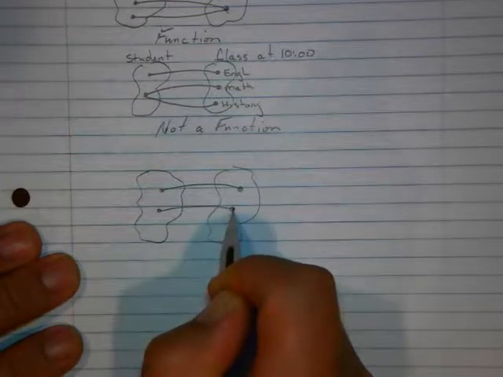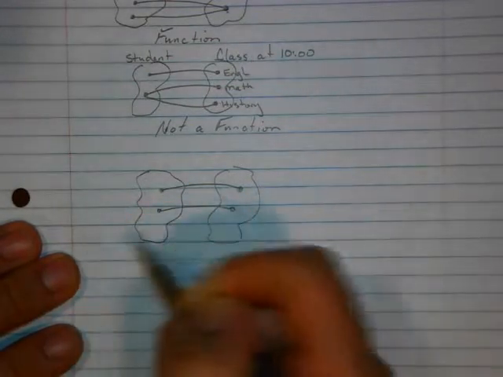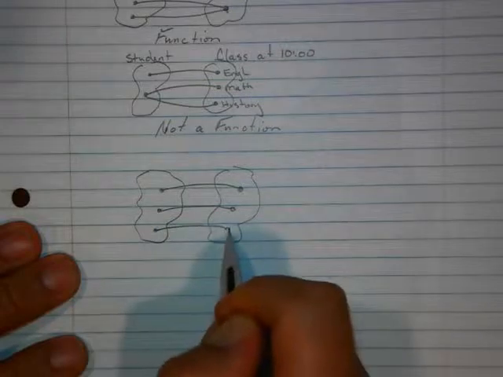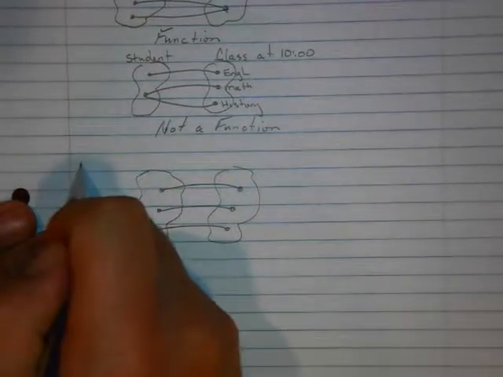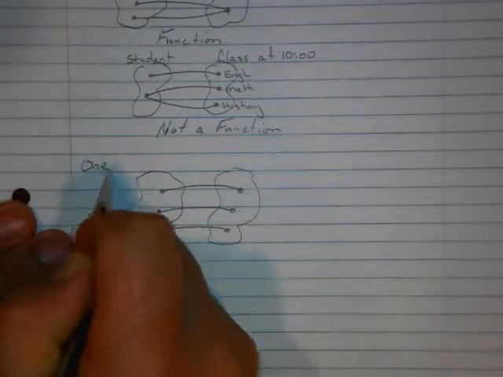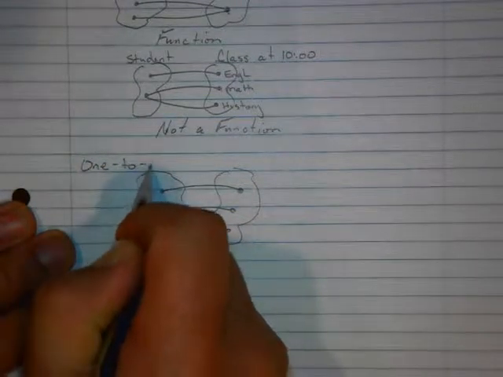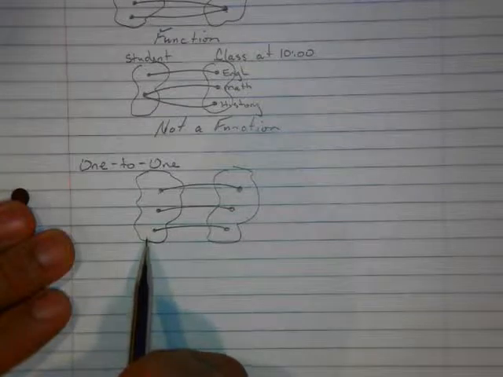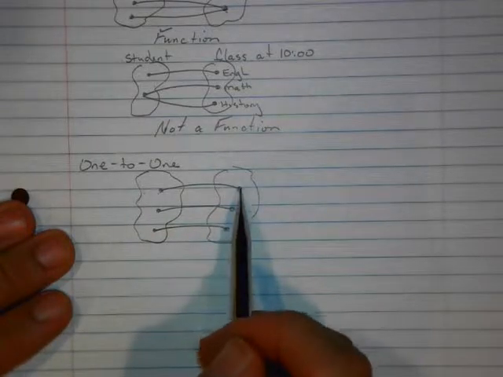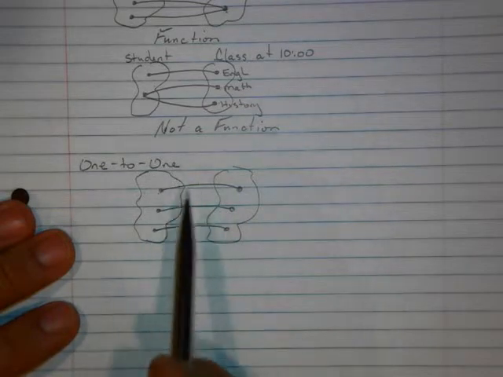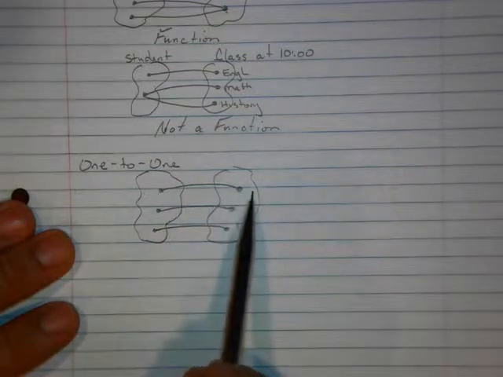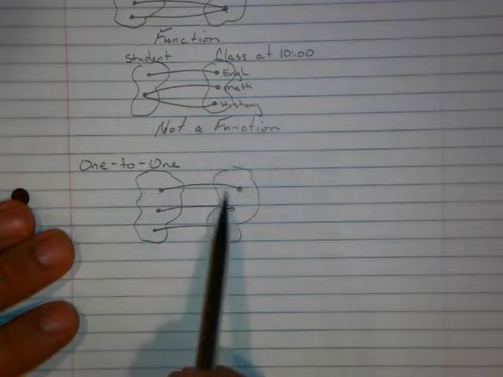So in order for a function to have an inverse function, it has to be 1 to 1. For every input, there's exactly one output, and for every output, there's exactly one input. So a function is going to go this direction. Here's our input, here's our output. The inverse is going to go back to where we started. It's going to reverse that direction.